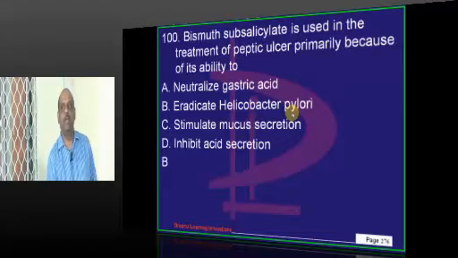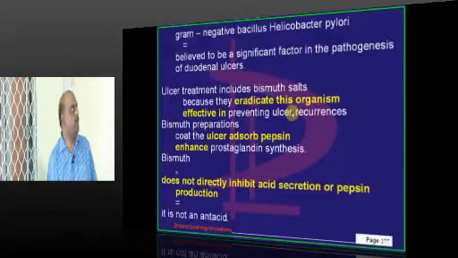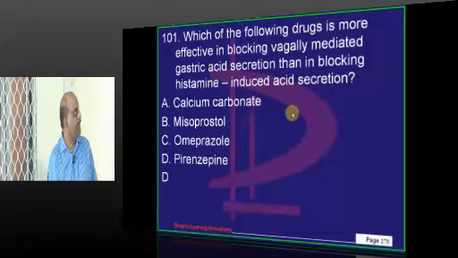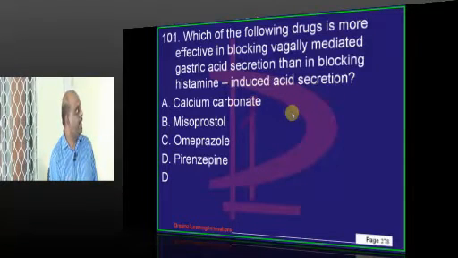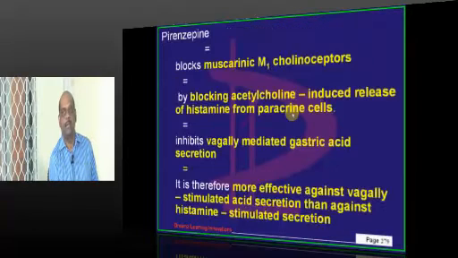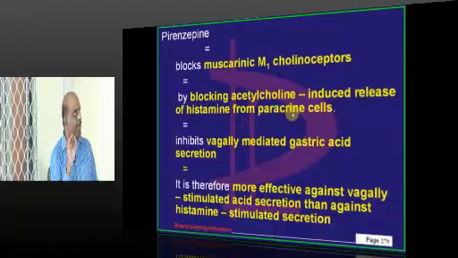Bismuth, why do we use it in triple therapy? To eradicate the H. pylori, we use the bismuth. Pirenzepine has nothing to do with histamine induced acid secretion. Pirenzepine is basically a muscarinic M1 blocker.